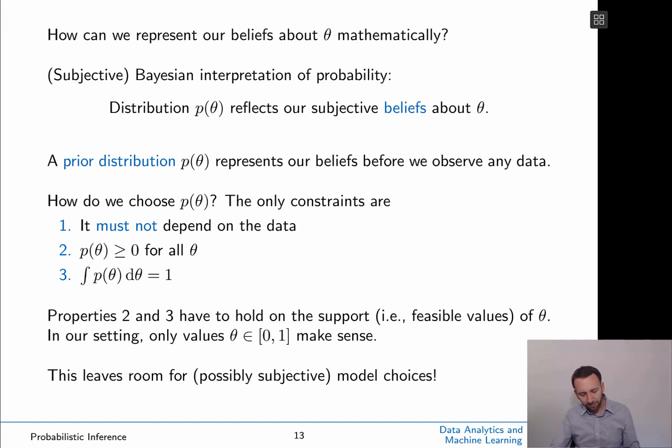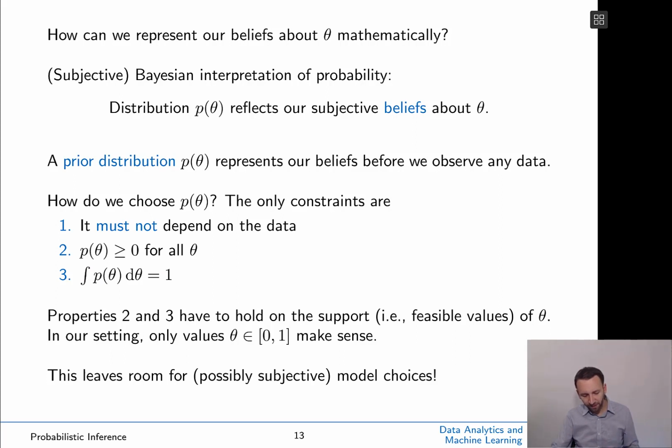This prior distribution is very flexible, but it must not depend on the data you are later taking into account. If you want to do these 10 coin flips, you have to make up your prior belief before that. Other than that, it's just some arbitrary distribution over the corresponding domain, meaning it should be non-negative, larger than 0, and it should integrate to 1. So it should be a proper continuous distribution, a density function, a PDF.